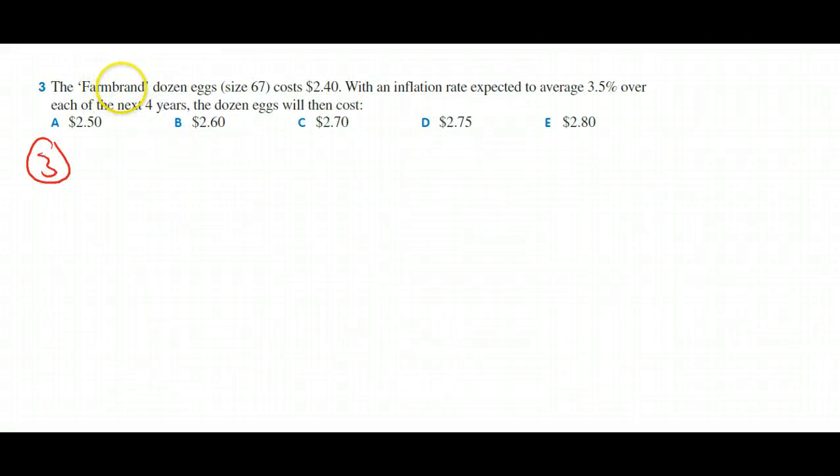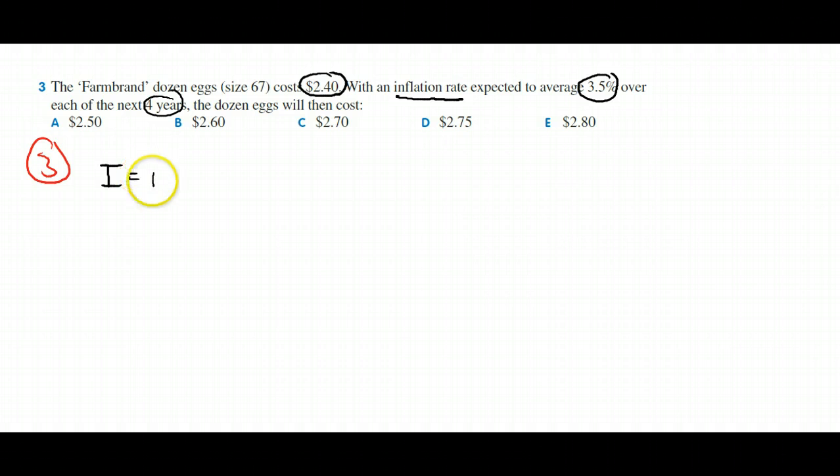Okay, in question 3 it says the farm brand dozen eggs costs this much, with an inflation rate expected to average 3.5% over each of the next 4 years. The dozen eggs will then cost, okay, so inflation happens according to simple interest, and for simple interest we know I equals PRT over 100.